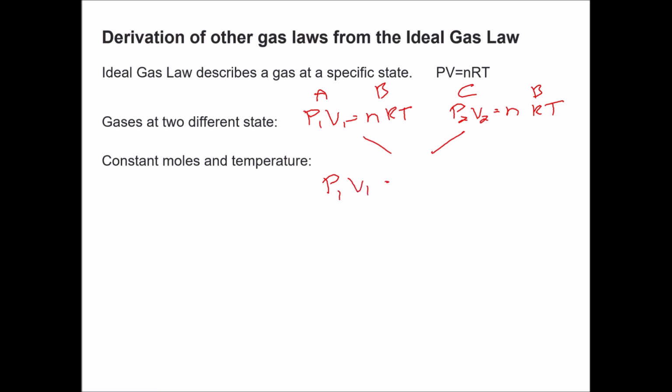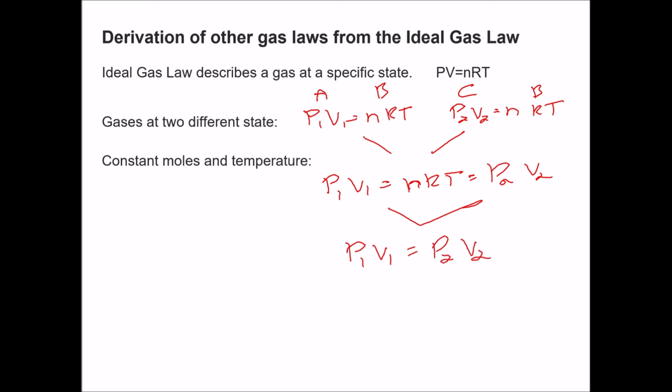P1 V1 equals nRT equals P2 V2. But since they're both equal to a constant, therefore P1 V1 equals P2 V2.